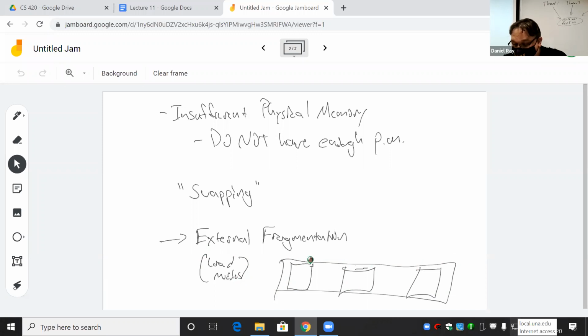Okay, we loaded them all. This was all completely loaded up with load modules, and then these modules finished, leaving behind available space. So there's available space here, some available space here, some here, and some here inside of RAM.